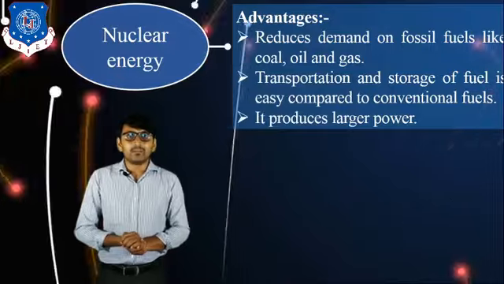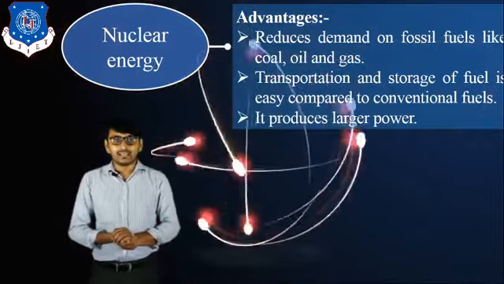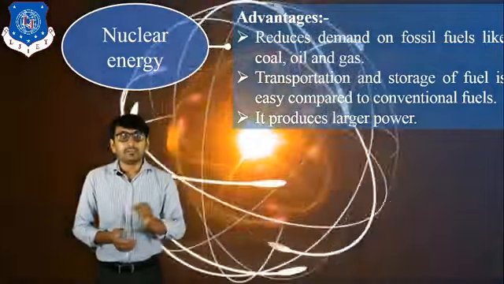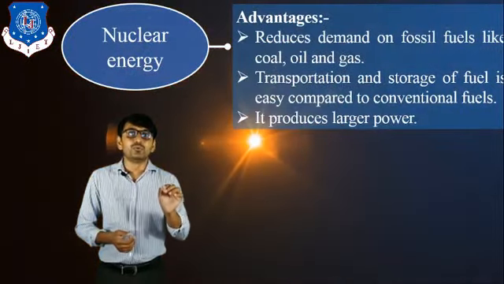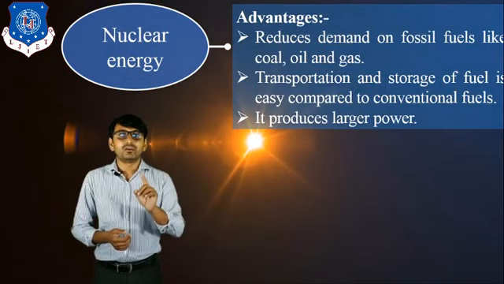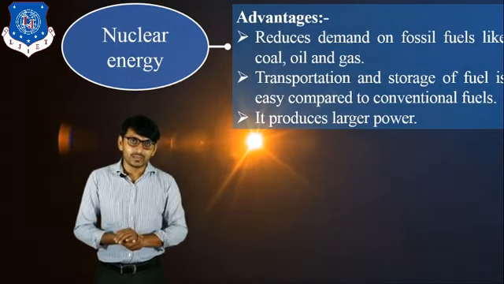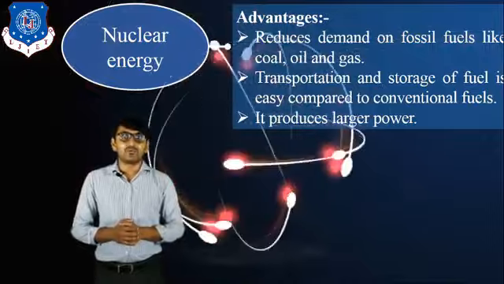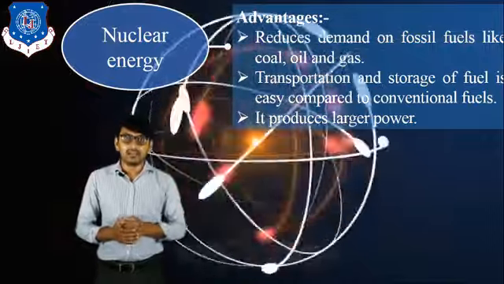So this is about nuclear energy, which is normally generated in a nuclear power plant by using nuclear fuel such as uranium, thorium, plutonium. There are many advantages and many disadvantages of nuclear energy.